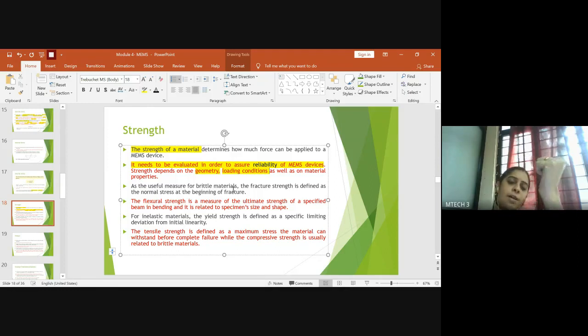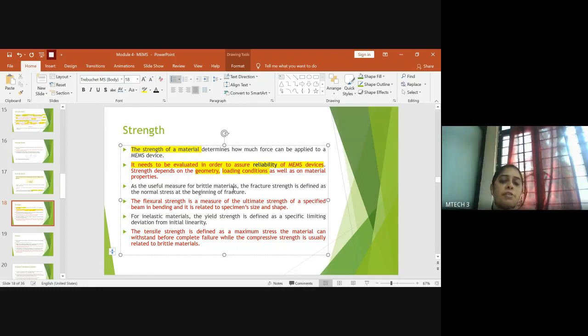If the MEMS device is subjected to tensile load, it expands until it is able to withstand, and once that limit is crossed, fracture comes into the picture. The strength within which the material can withstand without fracture is the fracture strength. That is what you have to understand.